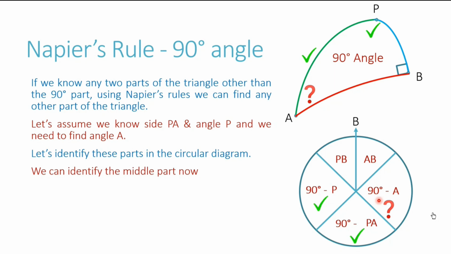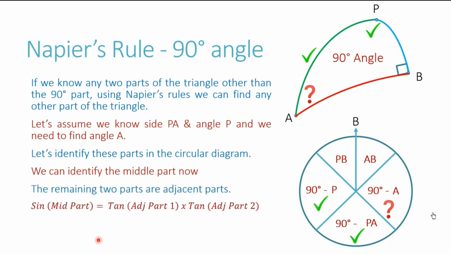So that's why we are picking up a middle part in such a way that the remaining two are either both opposite to it or both adjacent to it. Then the formula can be easily applied. So once you have identified the middle part, and in this case we have two adjacent parts, we can now apply the formula.